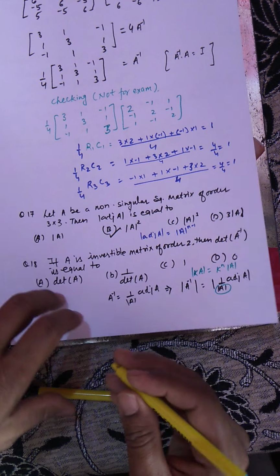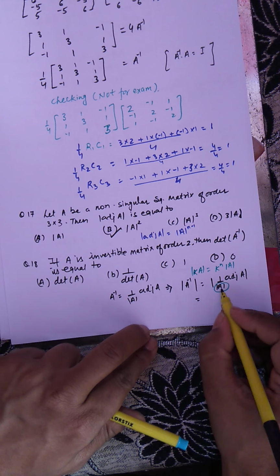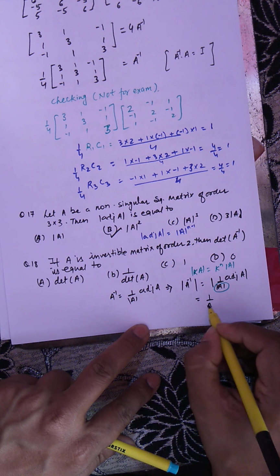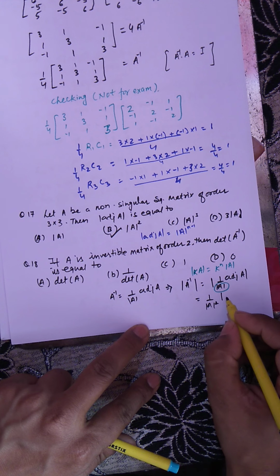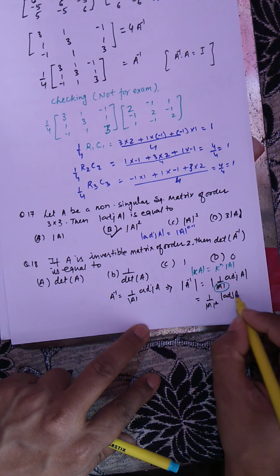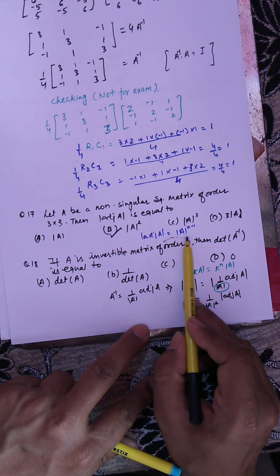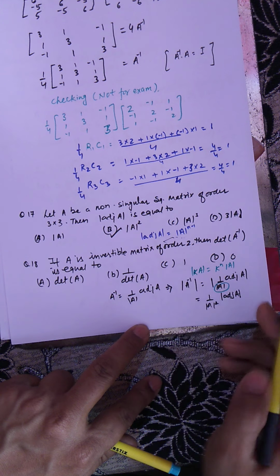So apply this result. The order is given as 3, so this will be 1 upon determinant of A, whole cubed. This is k, remember this is k, and this will become determinant of adjoint of A. Now you have seen in the previous part that determinant of adjoint A is determinant of A to the power n minus 1.